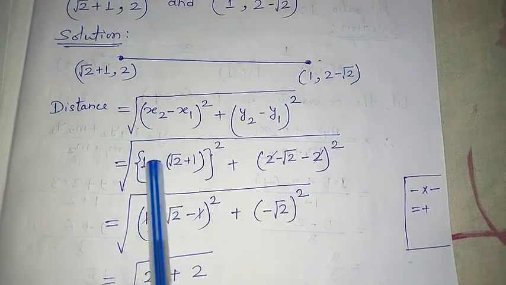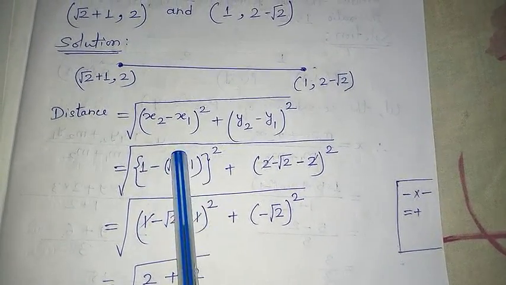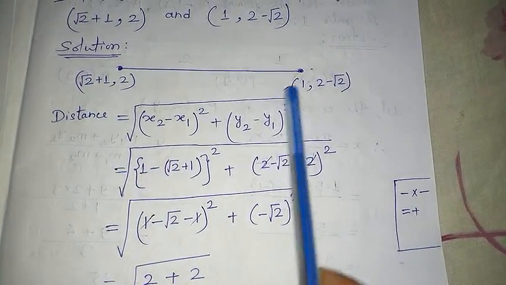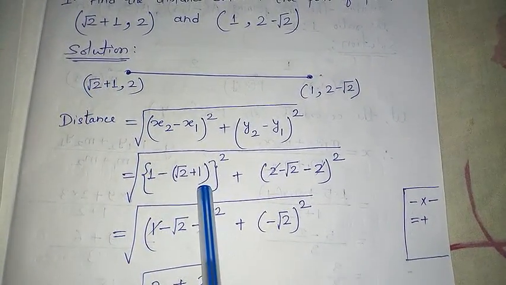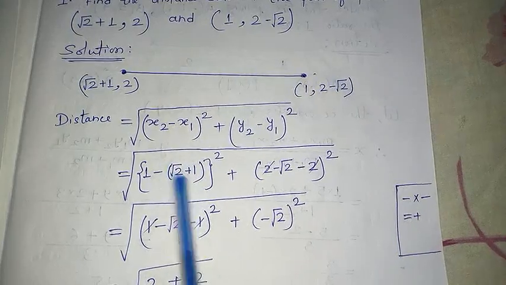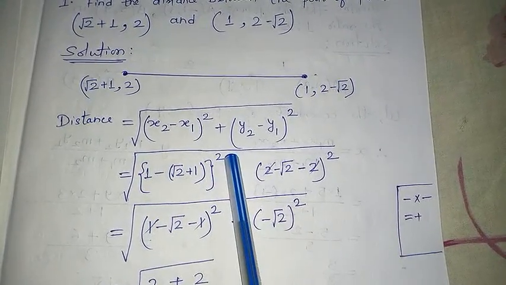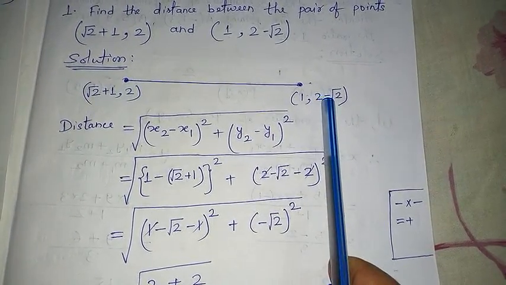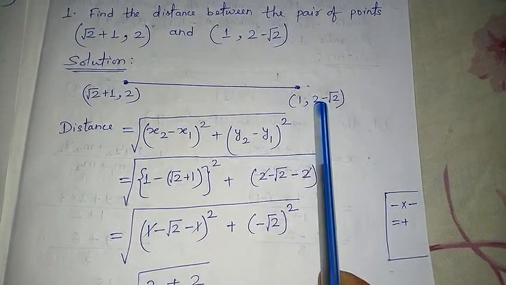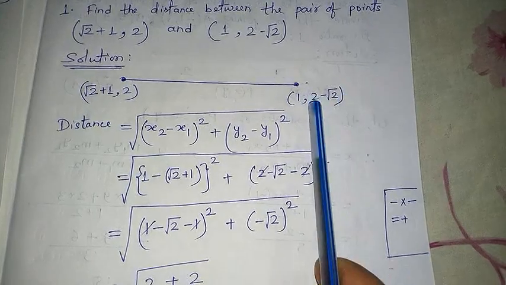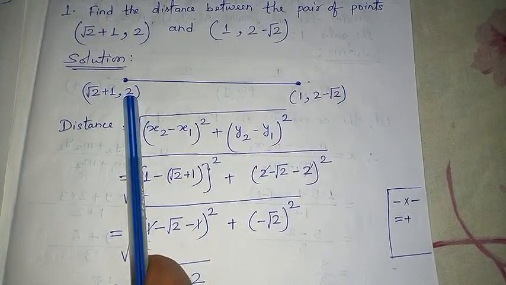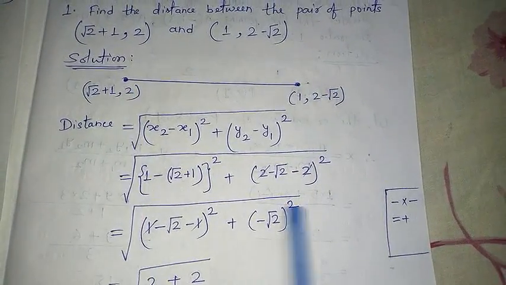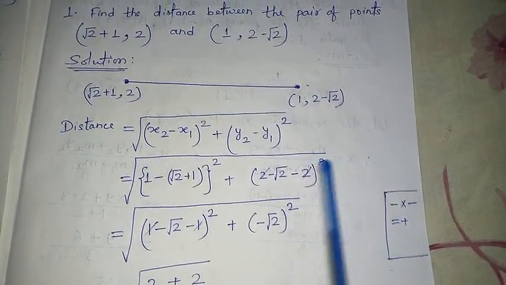You can see 1 and √2 plus 1 are two numbers, so I used a bracket because there is a minus also. As I am using the first bracket inside, outside I made the second bracket whole square. Same formula, plus y2 minus y1: this is y2 and this is y1, so 2 minus √2, this is y2, minus y1, that is 2. So 2 minus √2 minus 2, this one minus this one, whole square.